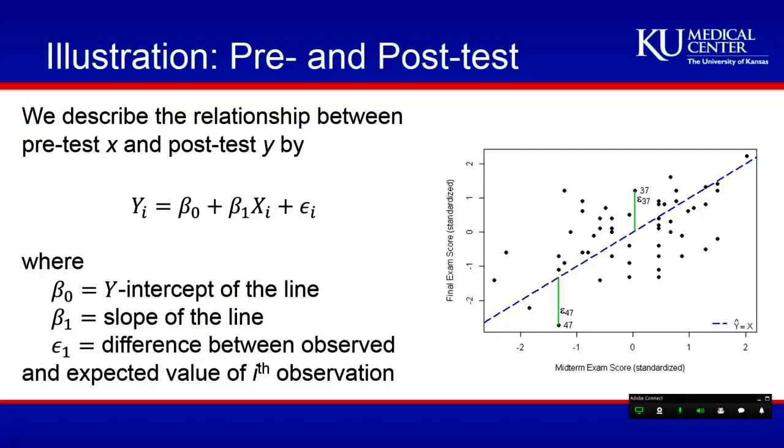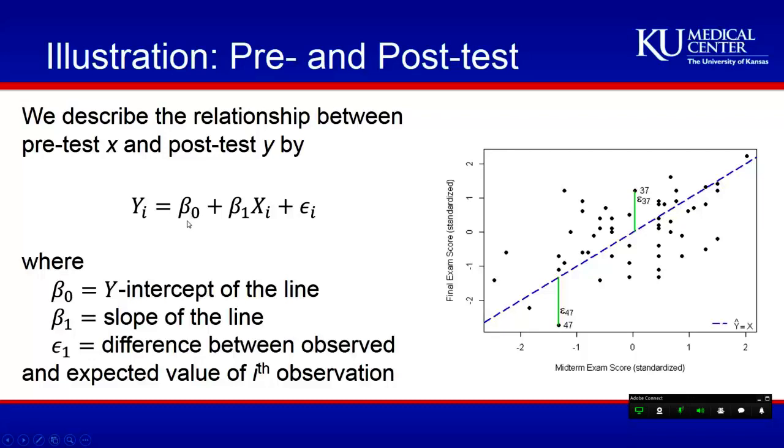But if we recall our high school algebra, maybe even before that, the equation of a line, we can fully describe a line with two, I'm going to call them parameters because they're things that are unknown that we're going to try to estimate. We have the intercept, beta 0.